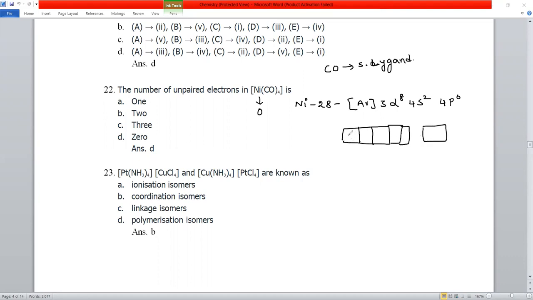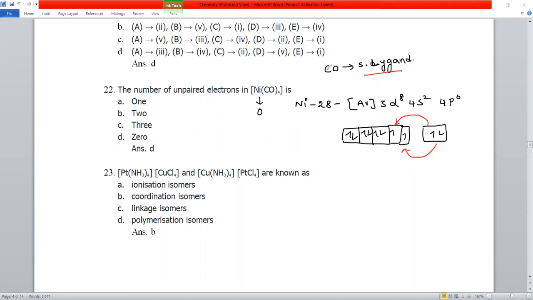And d is there here, 1, 2, 3, 4, 5, 6, 7, 8 electrons, and here should be 2 electrons only. So whenever a strong ligand is there, electrons will get paired. So the 4s electrons will jump to the 3d place.